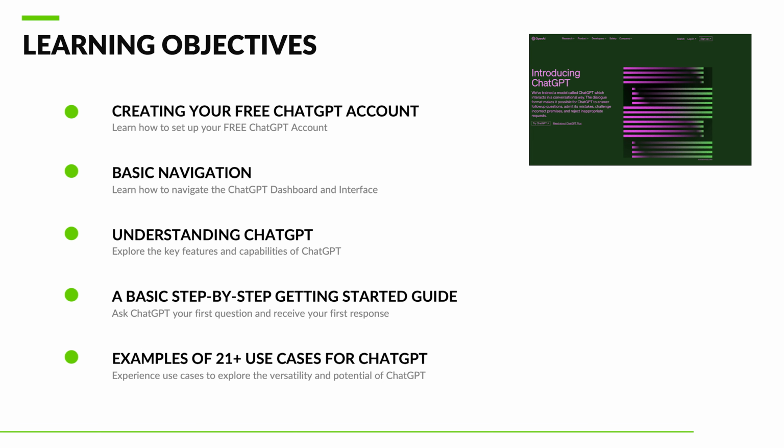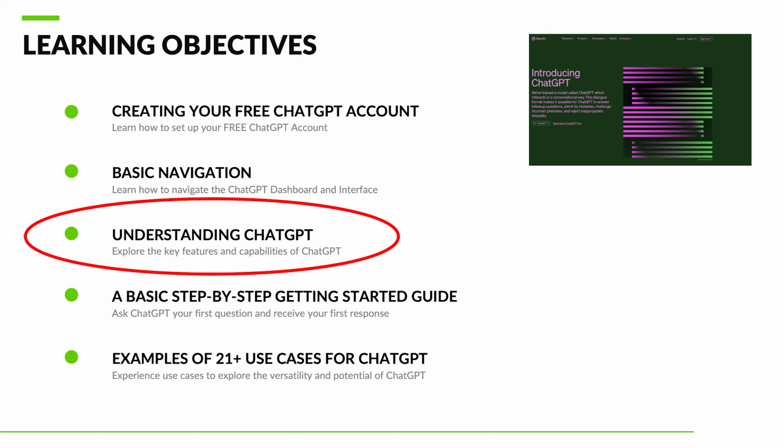So now, up to this point, you've seen just a few pieces of what ChatGPT will do. So back to our learning objectives, you've now created your free account. I've shown you some of the basic navigation, and now it's time to understand, what is ChatGPT? What are some of the key features and capabilities, and how can you start using it?